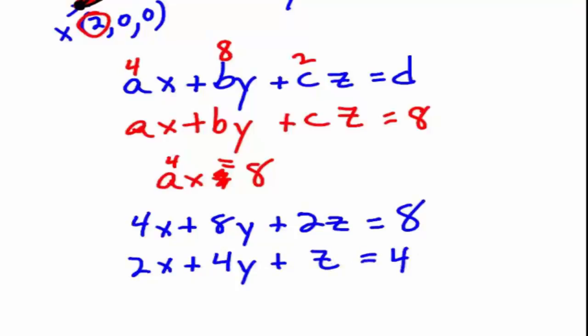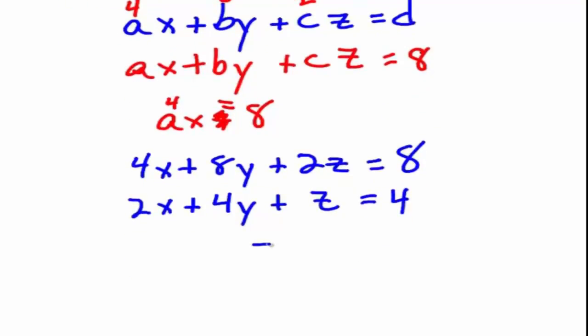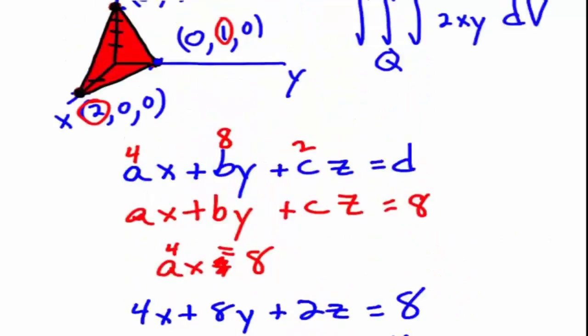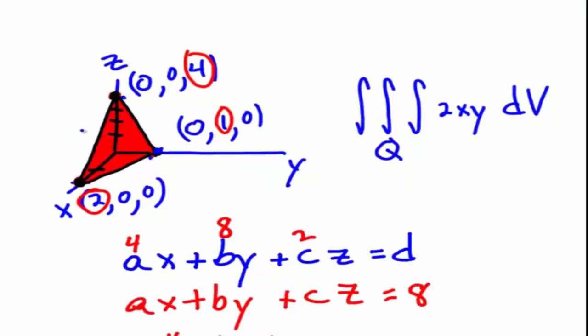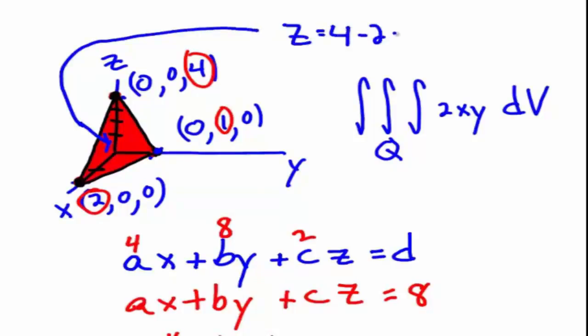And it would be nice to solve for z. So if we do that, we get z = 4 - 2x - 4y. So the equation of this guy right here is z = 4 - 2x - 4y.